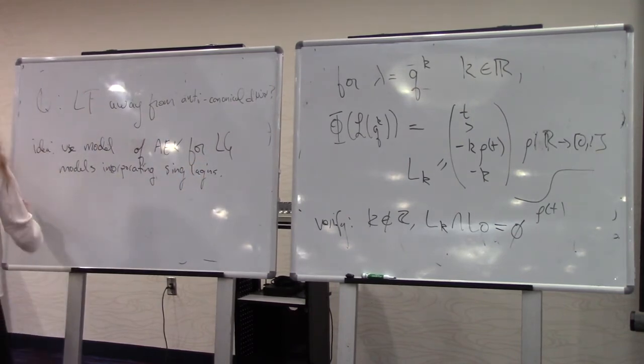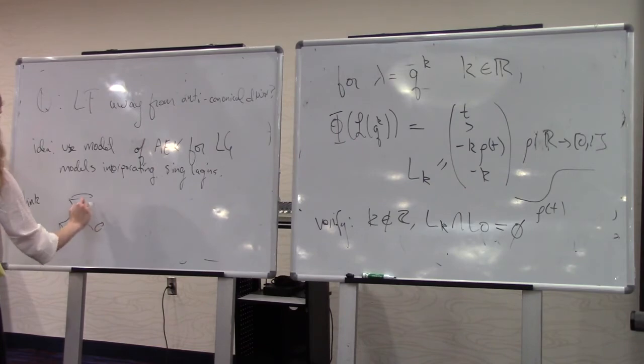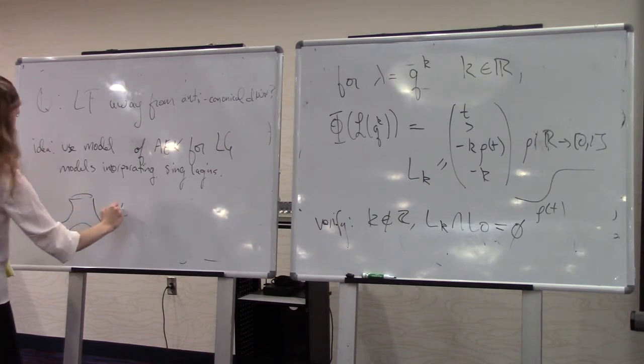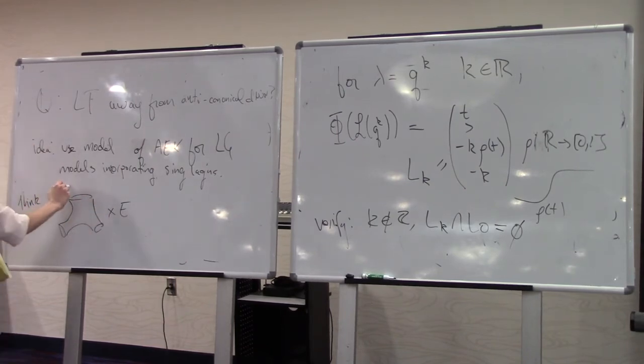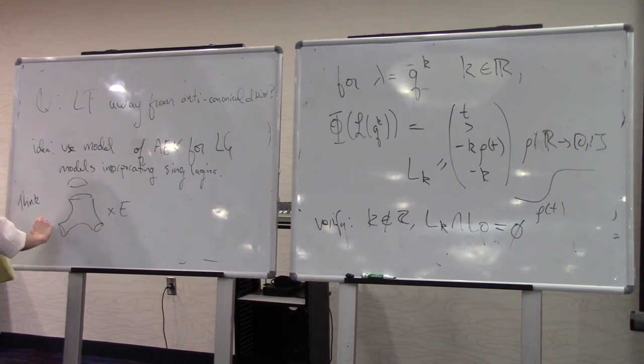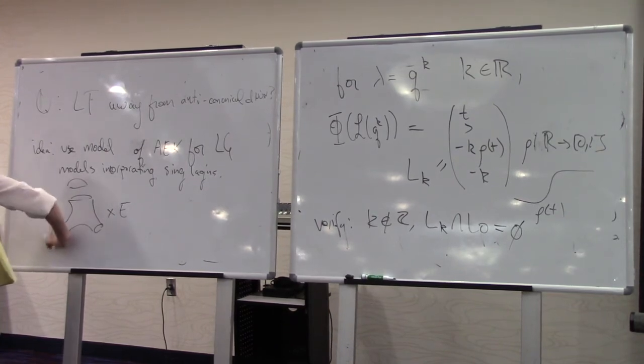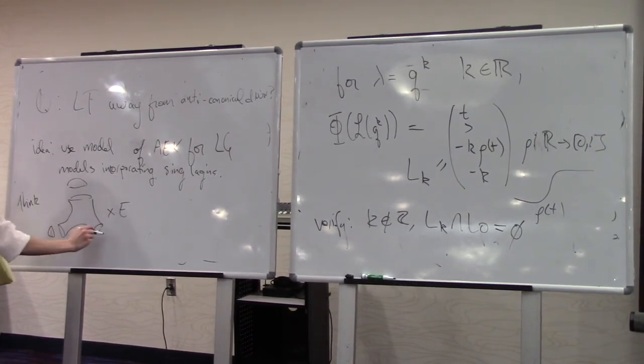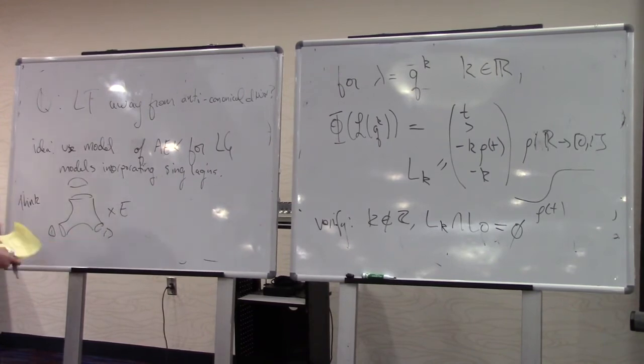So if I was doing log transforms over 3 fibers of P1 times E, what I could think about is breaking these fibers up using some sort of pair of pants like this, and then doing the mirror to the pair of pants construction that we learned about this morning.